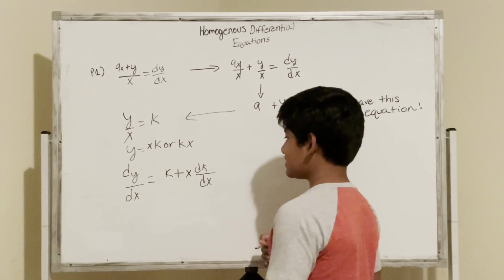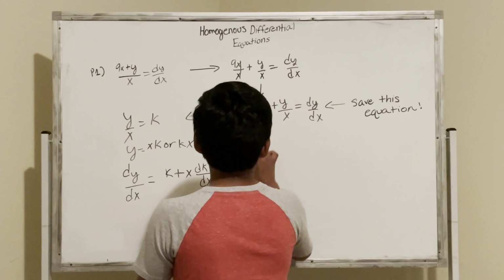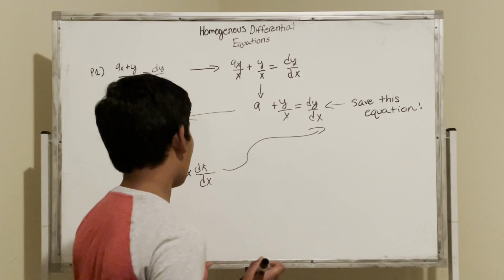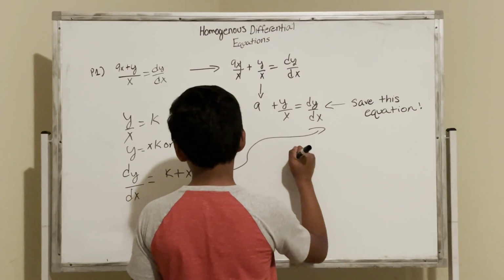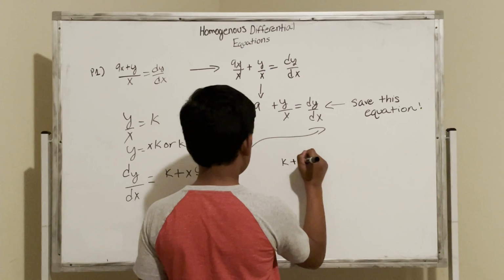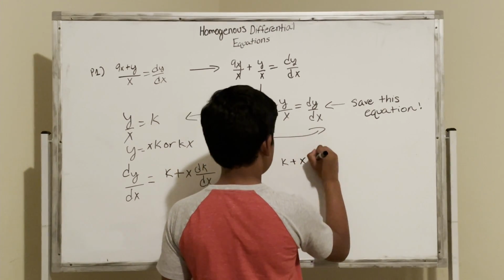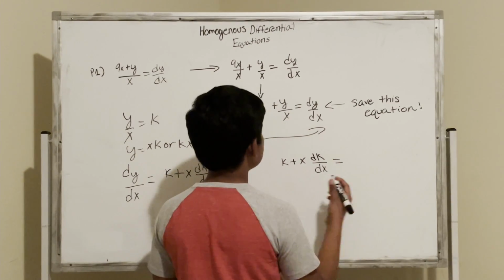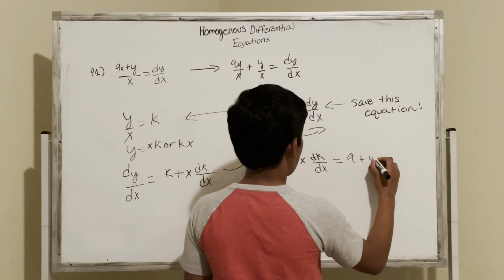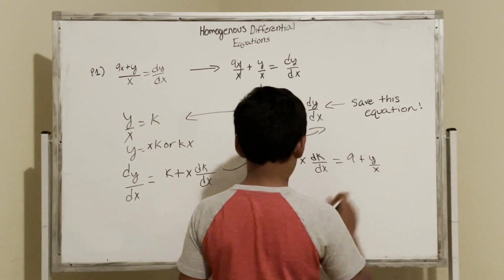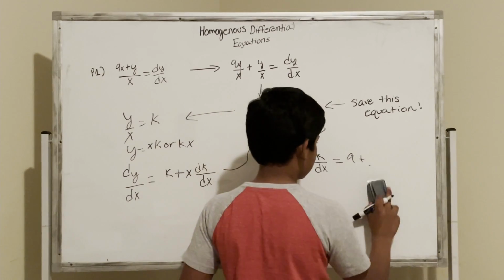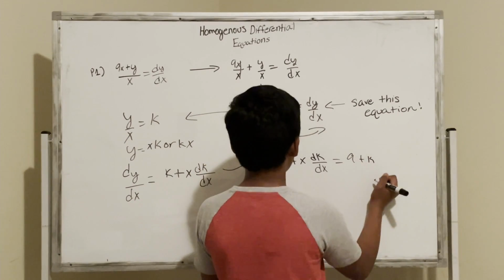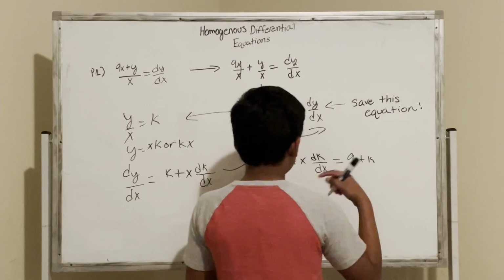Now that we have done this step, we can combine it with the saved equation. So what does this mean? Well, we can state that k plus x dk over dx must be equal to 9 plus y over x, which is k, so we can just leave it like this.